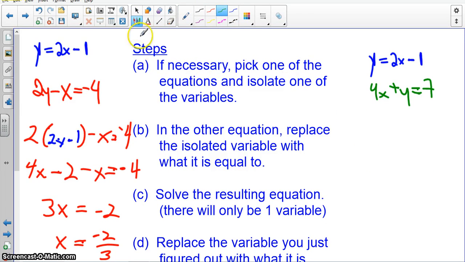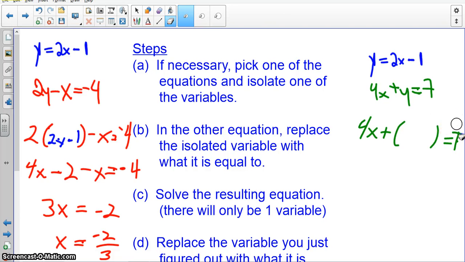So 4x plus y equals 7. And then we put 2x minus 1 in there, as soon as I figure out how to draw 7.